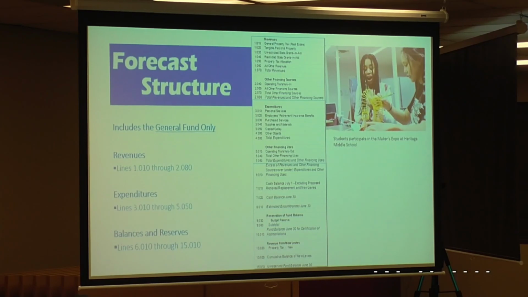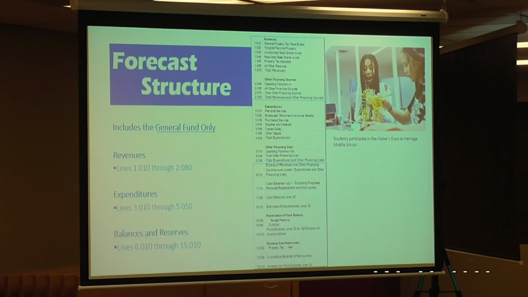Looking at the structure of the forecast, the 5-year forecast only includes our general operating fund. It does not include any of our special revenue funds, debt service fund, anything like that. I like to break it off in like 3 different categories. So the top section, 1.01 through 2.08, that is for revenues.